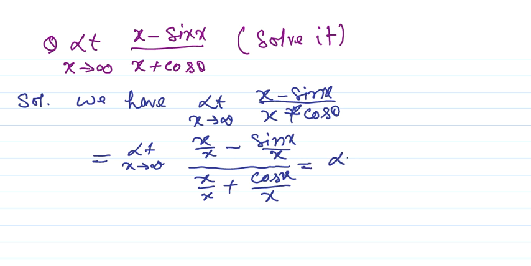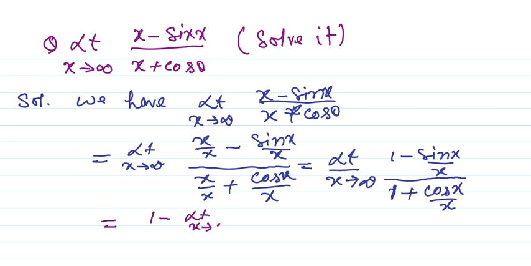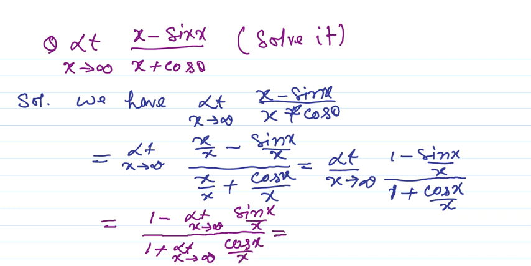This becomes limit x tends to infinity of (1 minus sin x by x) upon (1 plus cos x by x), which is (1 minus limit of sin x by x) by (1 plus limit x tends to infinity of cos x by x), equal to (1 minus 0) by (1 plus 0), equal to 1 by 1, equal to 1.